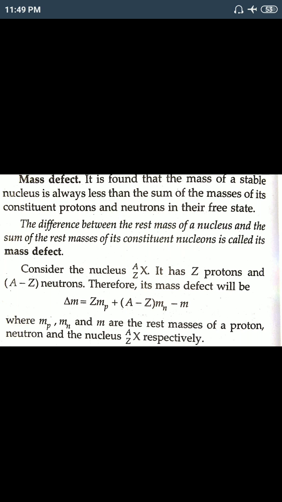Therefore mass defect will be defined as delta m equals Z Mp plus (A minus Z) Mn minus M. Z is the number of protons, multiplied by the proton mass, plus the number of neutrons, A minus Z, multiplied by the neutron mass, minus M, where M is the mass of the nucleus X. That is the mass defect.